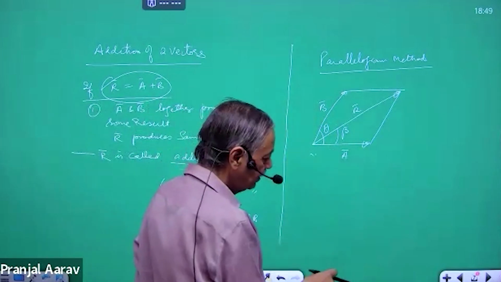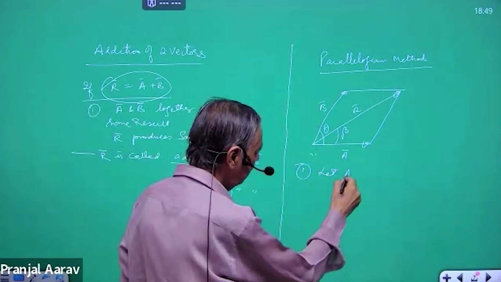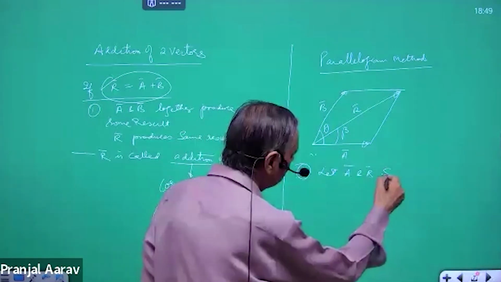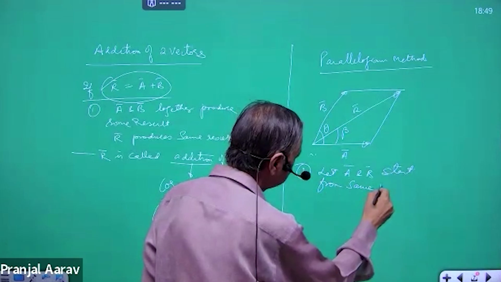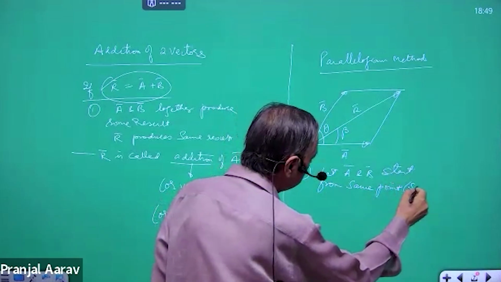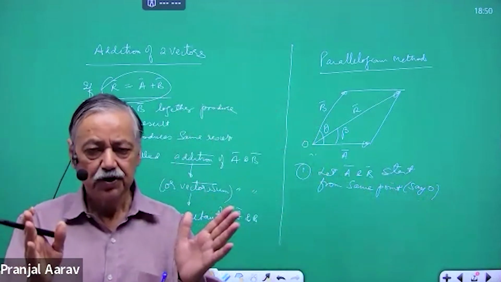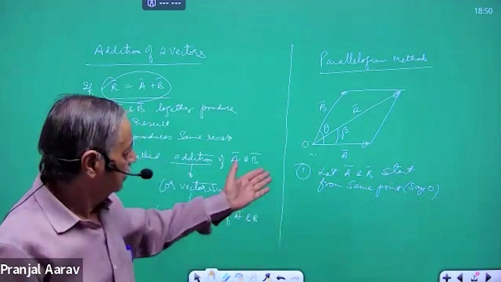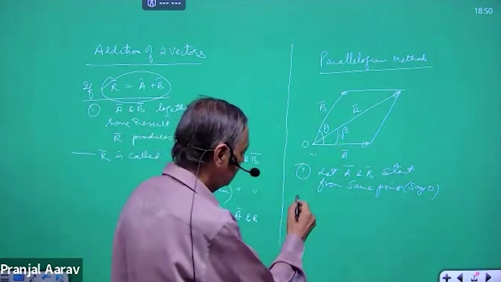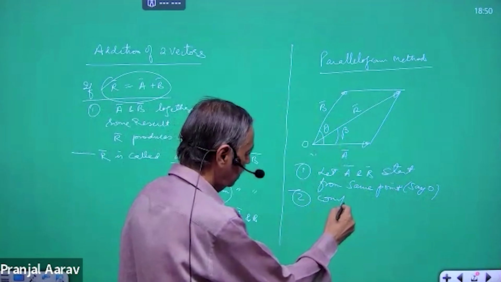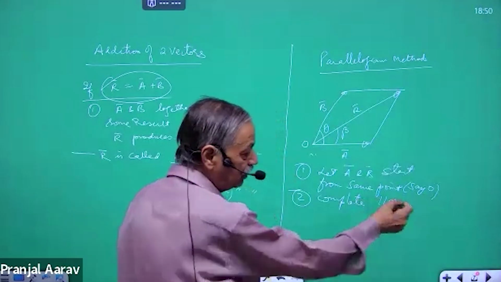So I'll write the steps. Let A and B start from the same point, say O. So the first step is you bring them so that they start from the same point. Next, complete the parallelogram.